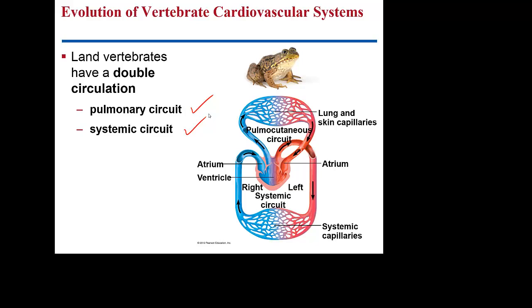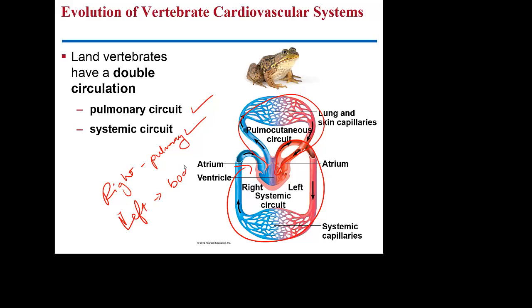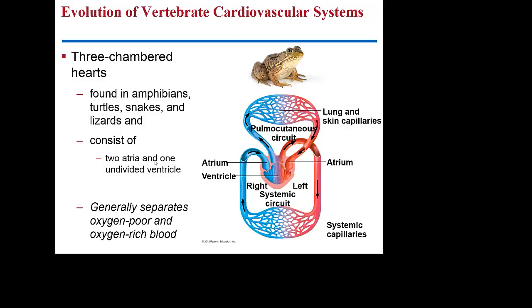We saw that the heart is going to pump blood out to the lungs, and from the lungs, we're going to come back to the heart, and then from the heart back out to the body. So we said the right side is part of the pulmonary circuit, or the lungs, and the left side of your heart goes out to the body. These will be important distinctions for us.